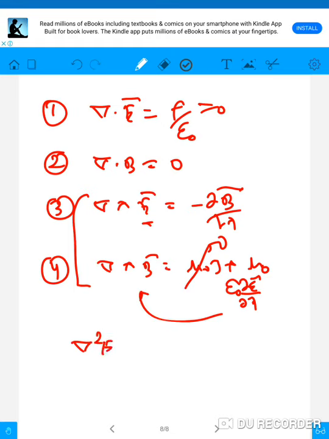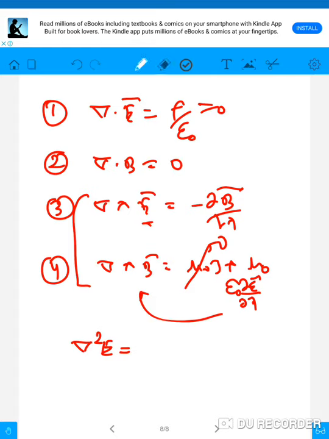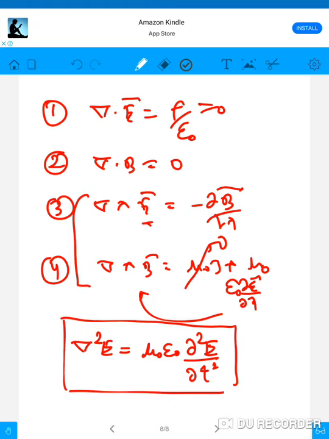satisfies del square E equals 1 by mu naught epsilon naught times del square E by del t square. Now what is this? This is certainly an equation of a wave.